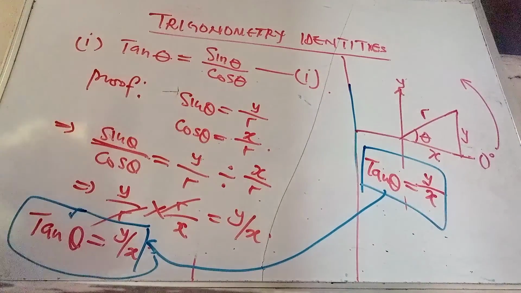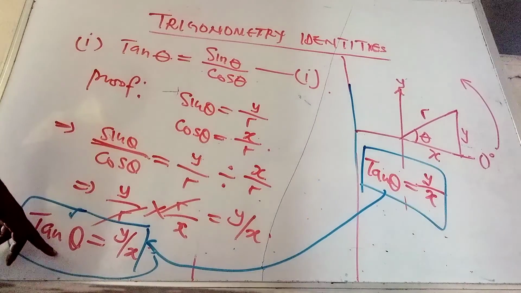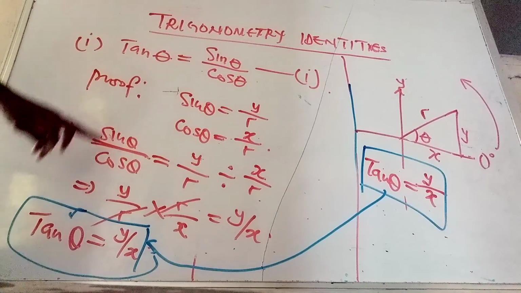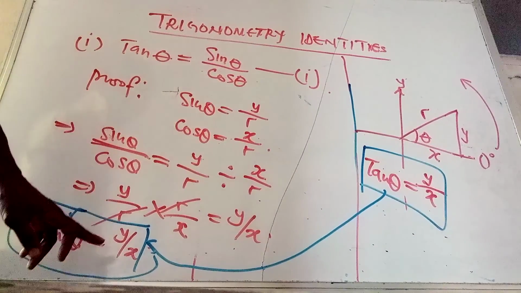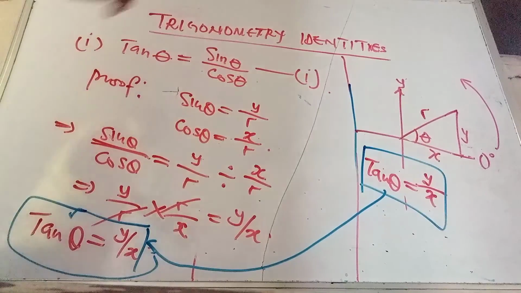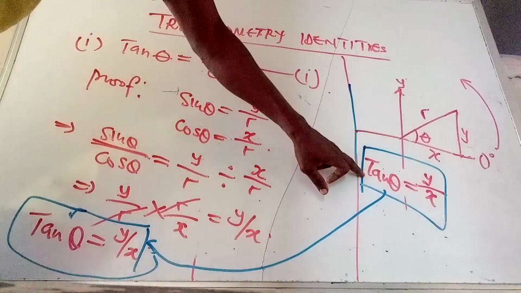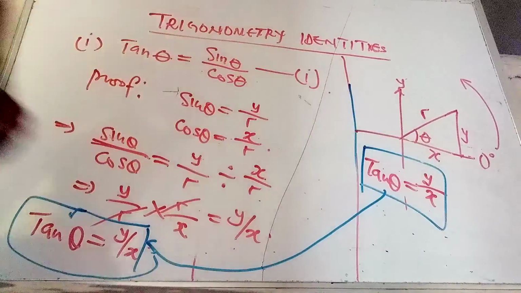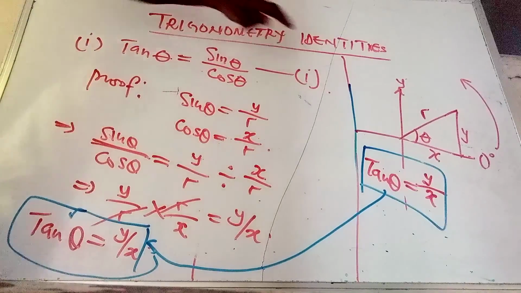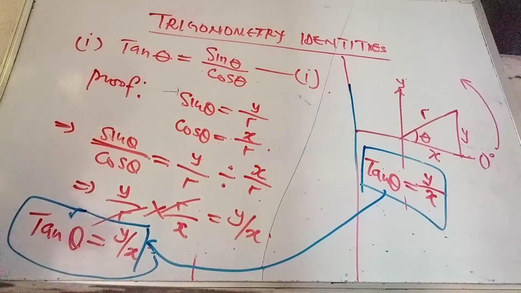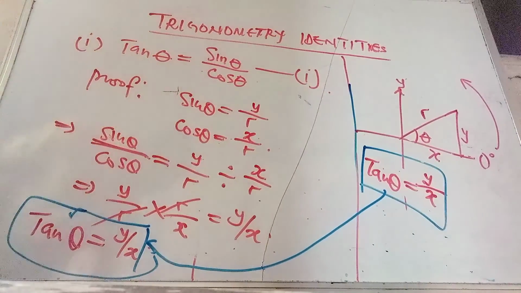That's to tell you that truly tan theta is sin theta over cos theta, because sin theta over cos theta gives us y over x, and from the triangle, tan theta is y over x. That is the proof of this. Take note of this. It's very, very important.